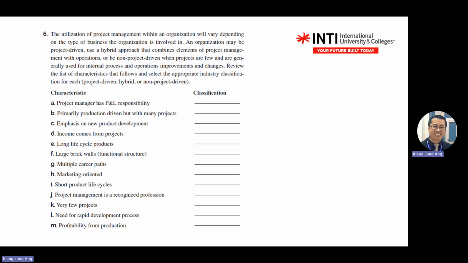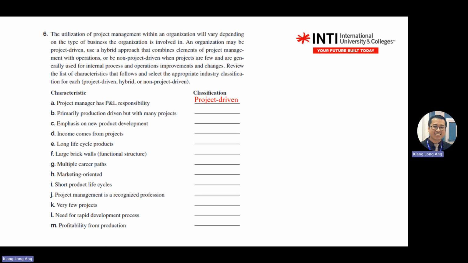Sponsor only deals with decisions. So if the question asks you about decisions, most of the time it's here. Or it asks you depending on each type of organization chart. Like this one, if the PM is in the highlight, then they will hold responsibility. So the first one will be project driven.